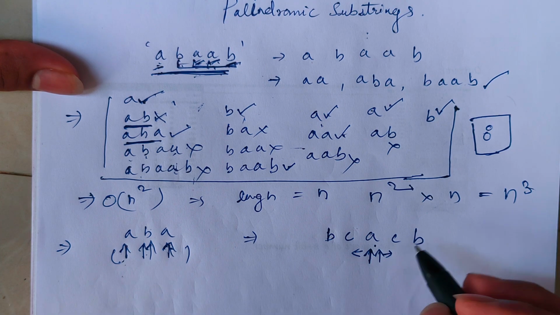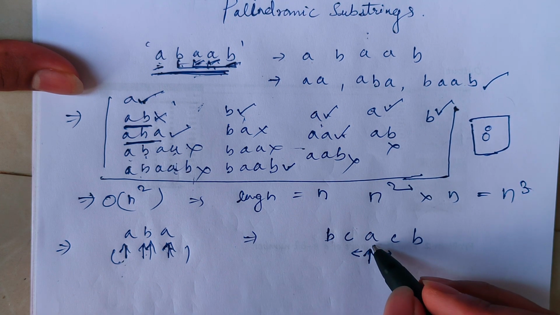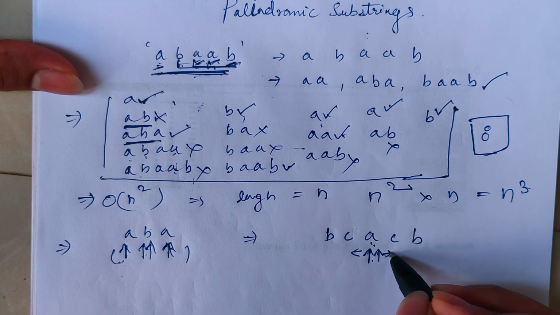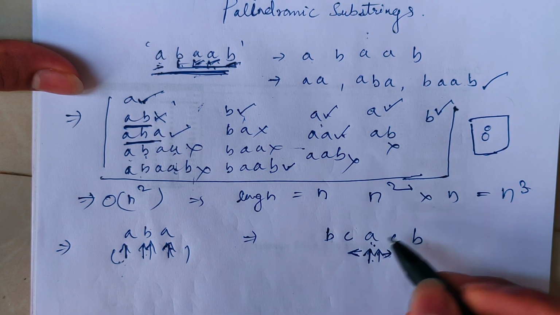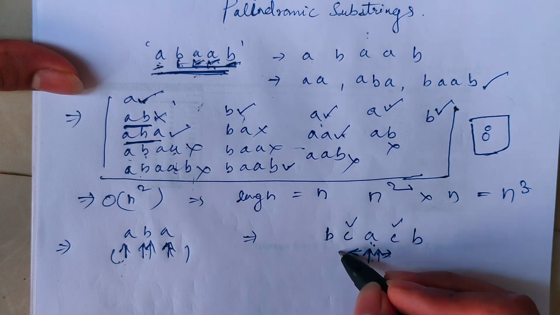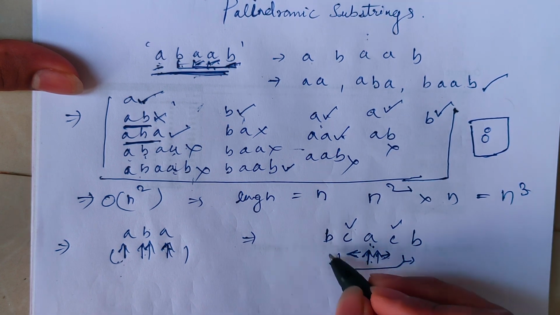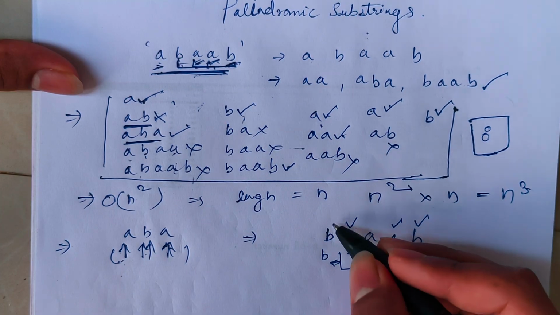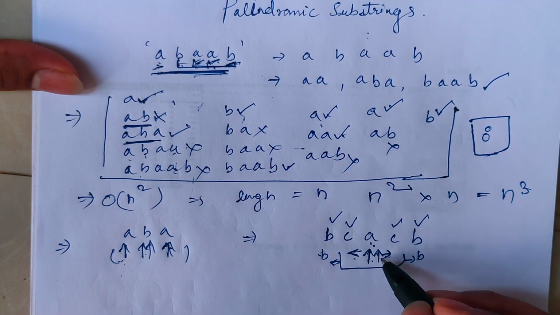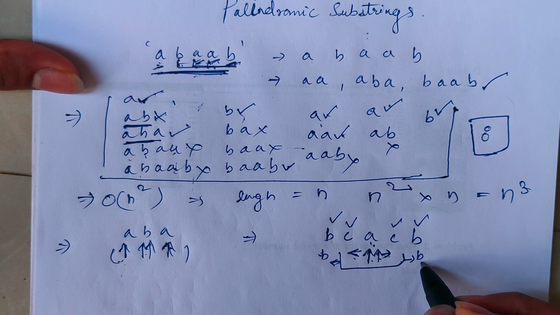How? I'll tell you. First, check A, it's a palindrome. Go side by side. C and C are equal. So CAC is also a palindrome, right? Then go aside. B and B are equal. So BCACB is also a palindrome.